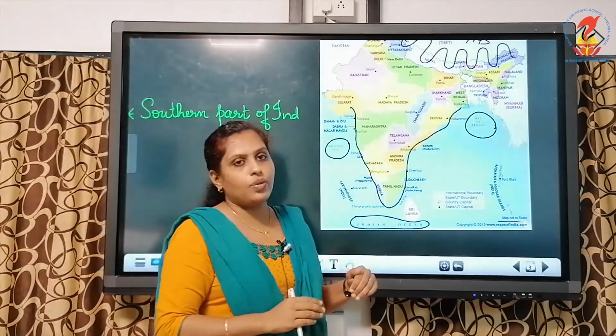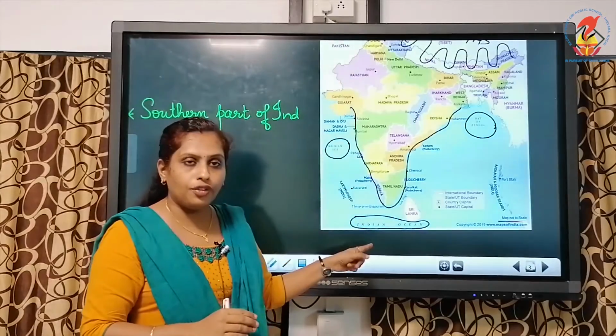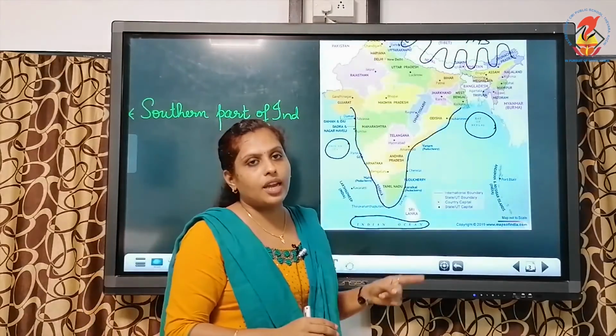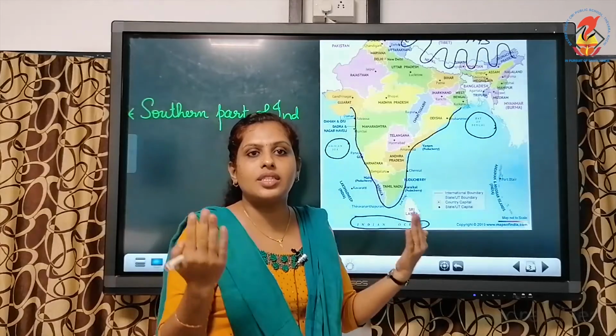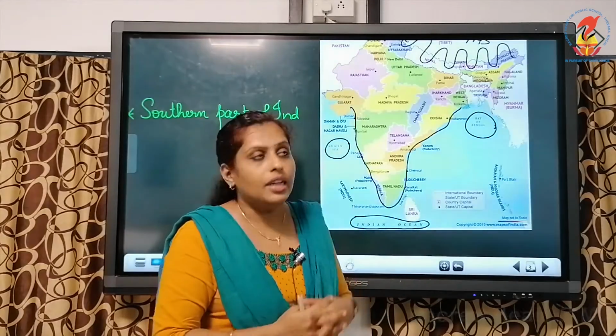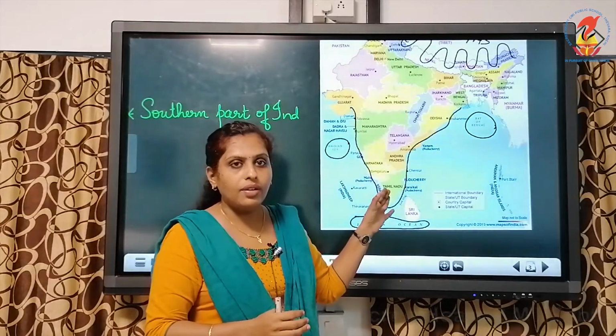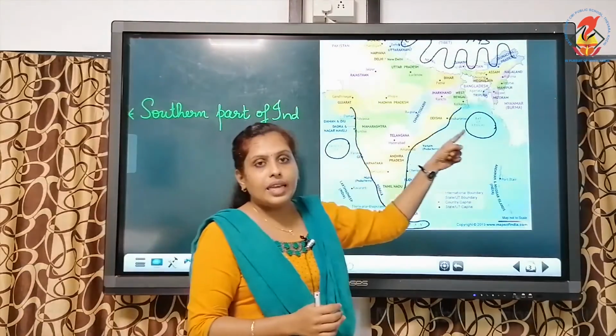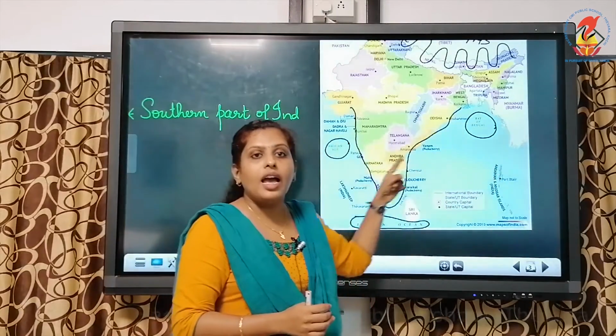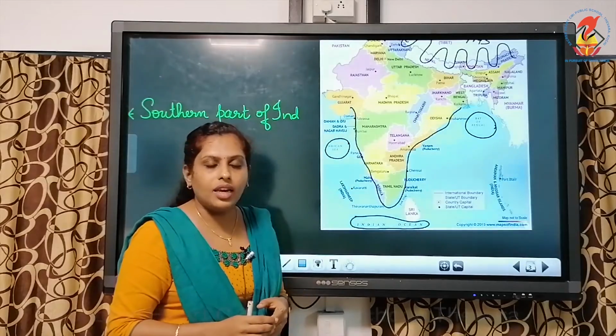The next fact is about the southern part of India, which is called a peninsula. Peninsula means an area which is surrounded by water bodies. In the west we have the Arabian Sea, in the east the Bay of Bengal, and in the south the Indian Ocean.